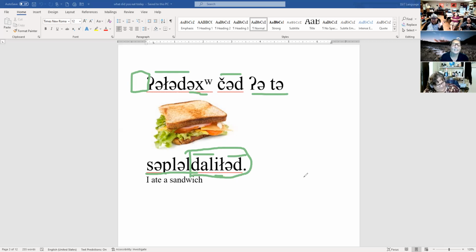You can separate the saplal out, for example, if I'm just having a sandwich tonight, and take that all the way out. Then you can put in Chinese dal ethid, I had Chinese food.